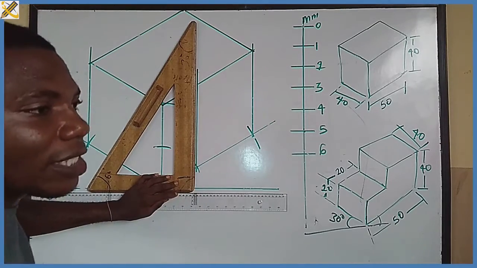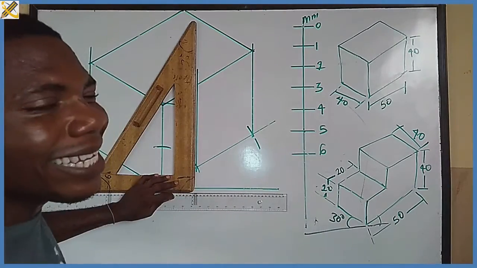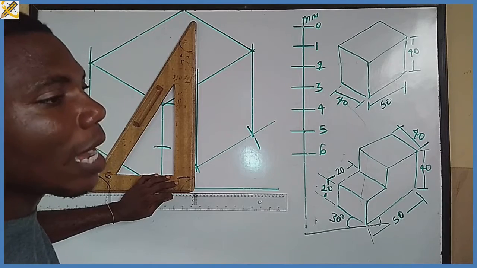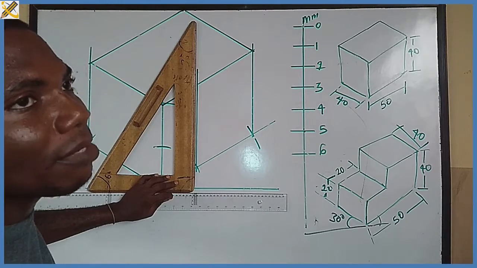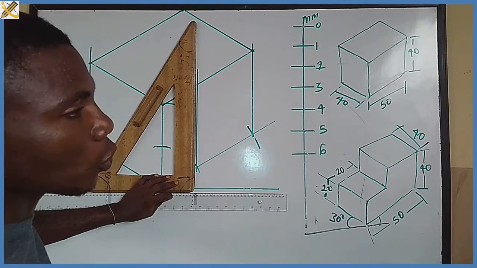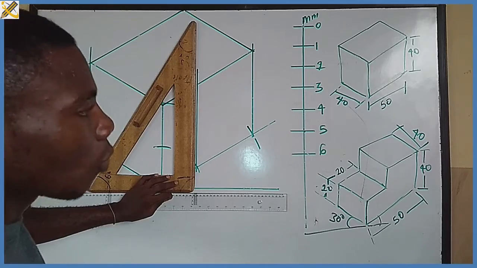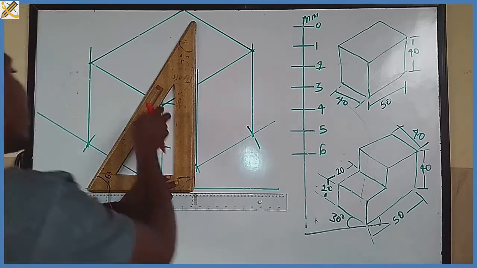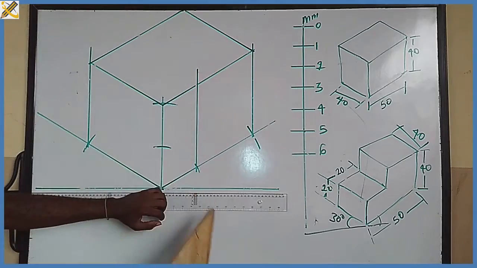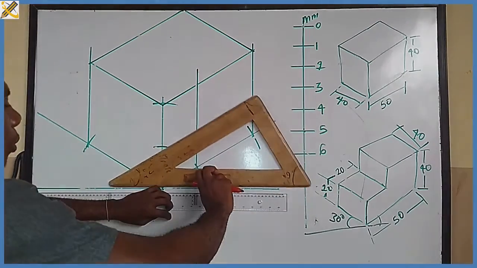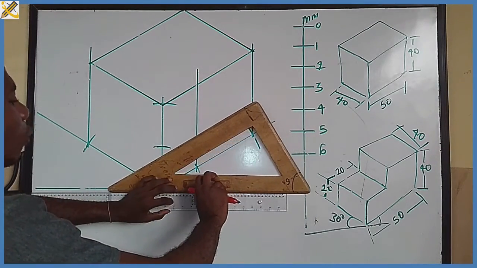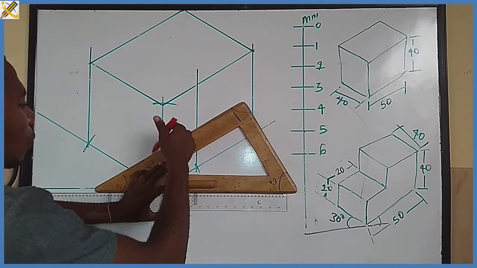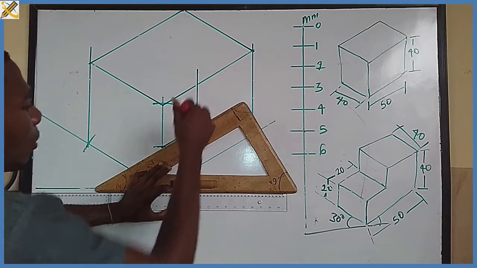I'm going to advise you, your initial drawing should be in thin line first, so that whenever you want to erase, it is easier for you to use your eraser. Draw with thin line first. So I've drawn this line right here. Then I'm going to position my set square in this manner and draw this also like this.